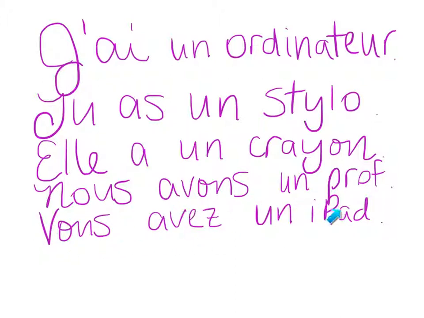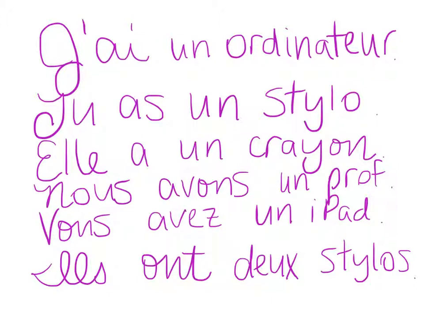We don't know who we're actually talking to, so we're not sure if it's talking formally to one person or plural to multiple people. So I could say this to you guys. Y'all have an iPad. Vous avez un iPad. Final example. Ils ont deux stylos. They have two pens.